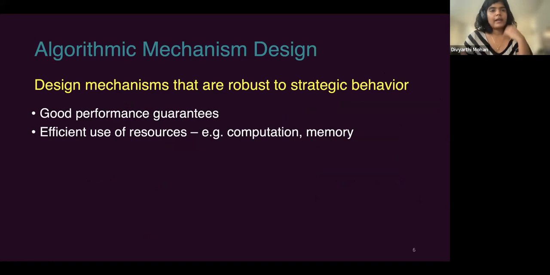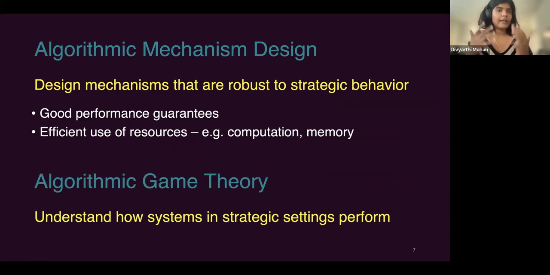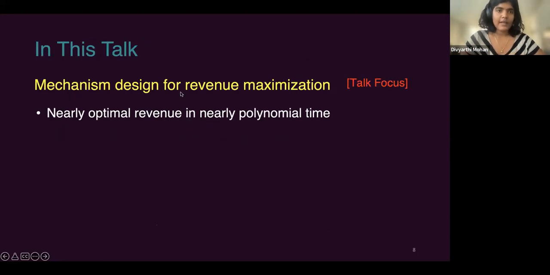More broadly, algorithmic game theory as a field studies how different systems or algorithms perform in various strategic environments. In this talk, I'm going to focus on my work on designing mechanisms, and in particular for revenue maximization in multi-item auctions.